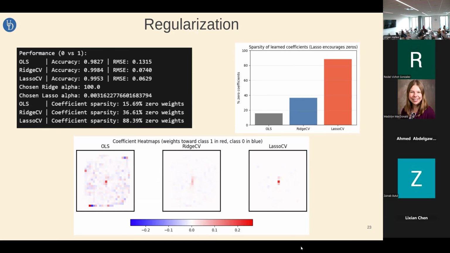If we look at the, this is sort of plots of the parameters that the operations found, we can see that lasso is very clearly looking at the central position of the image, which is sort of where a 1 would be quite different from a 0, which makes sense, right? So it's added some interpretability to our process here. Ridge sort of found a similar solution, but it's not quite as drastic.